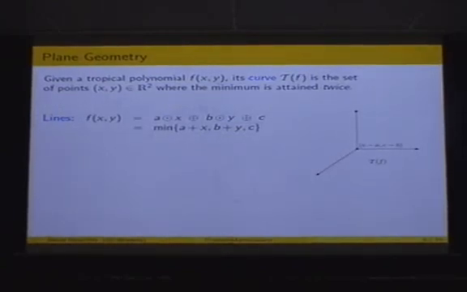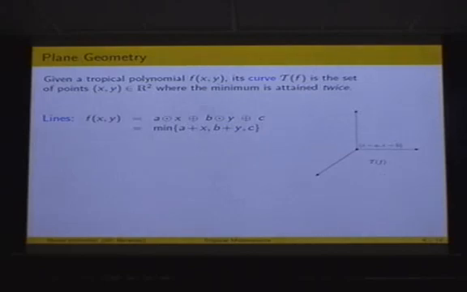So the curve is the set of all points where either the first two are equal and less or equal to the third, that's this southwestern half ray, or the first equals the last and less or equal to the third, that's this northern half ray, or the third case is these two are equal, less or equal to that, and that's the eastern half ray.